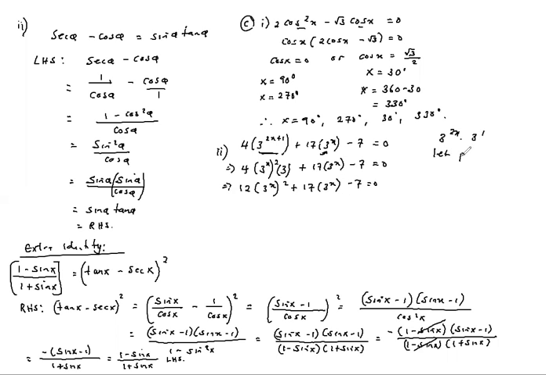And then let p be equal to 3 to the power x. So we're going to have 12p squared plus 17p minus 7 is 0. Two numbers when you multiply, we're multiplying something big, 12 times 7.